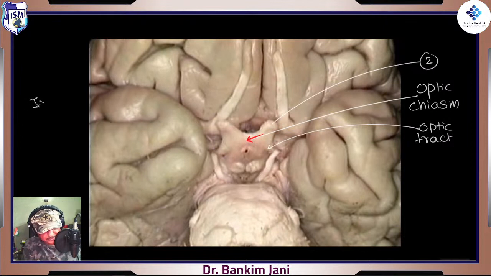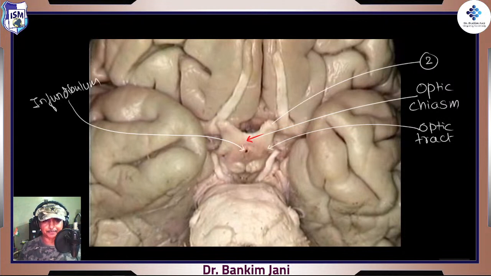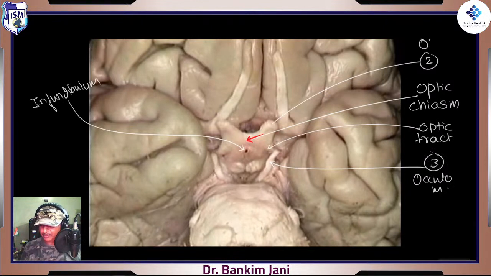This is interesting. This is the infundibulum. This one, that opening, that is the infundibulum, right? And these very smart nerves, that was two, so this has to be three, right? It is the oculomotor. This one was optic, right?